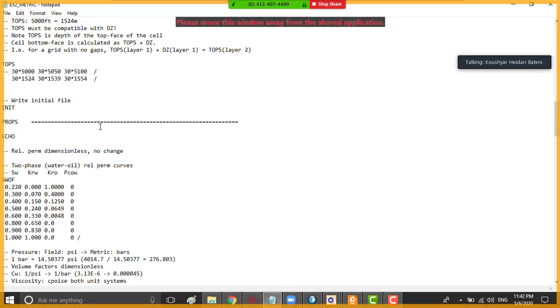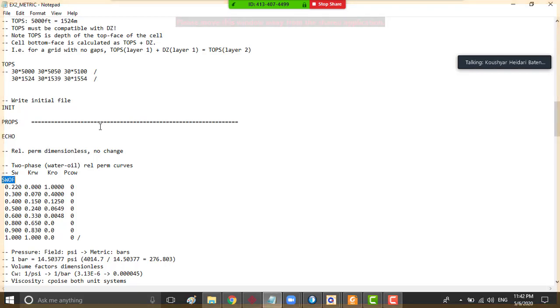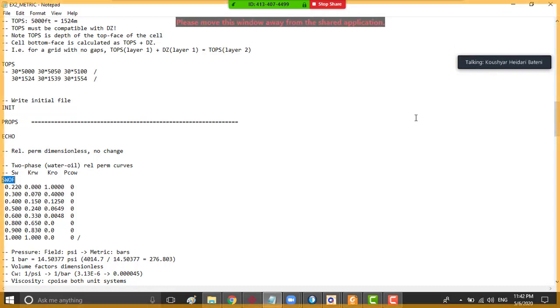The first keyword that we see here is SWOF. Now, what are we inputting here? Here we are inputting the relative permeabilities of oil and water with varying saturations for water, right?